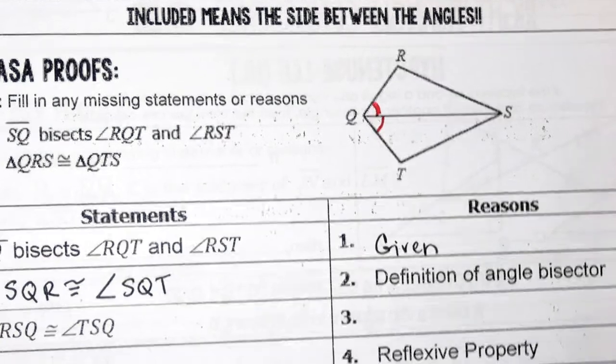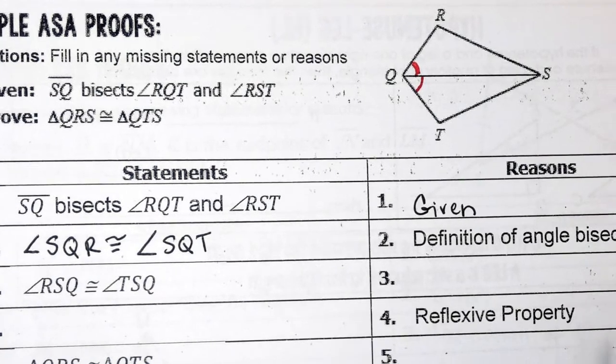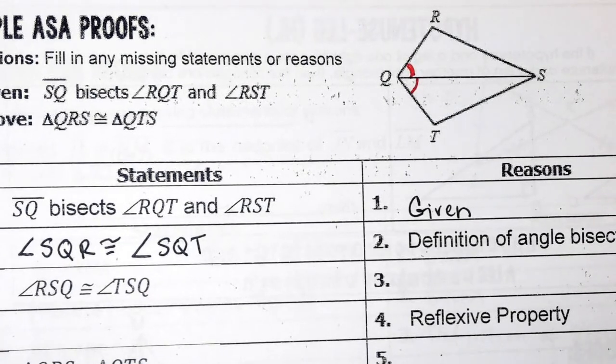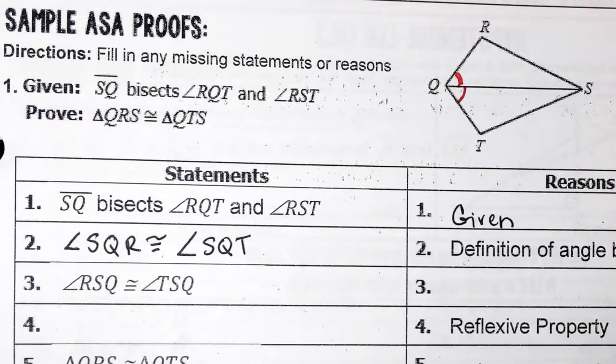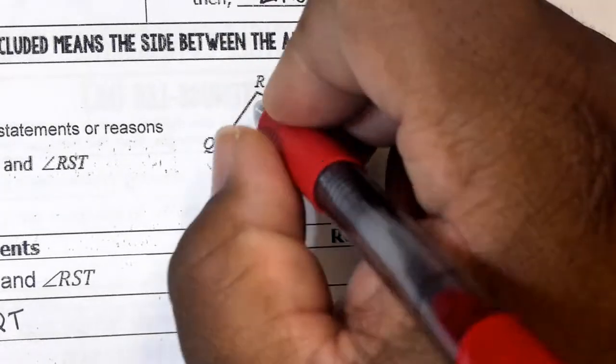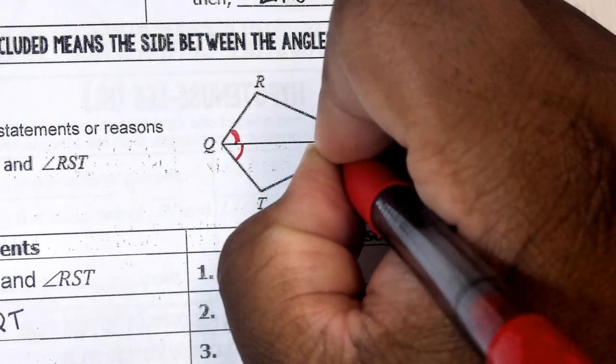The next one says angle RSQ is congruent to angle TSQ. What reason would you give for that, Torres? You want me to mark those angles for you? Let's mark those angles first. It says angle RSQ, that's this angle right here.